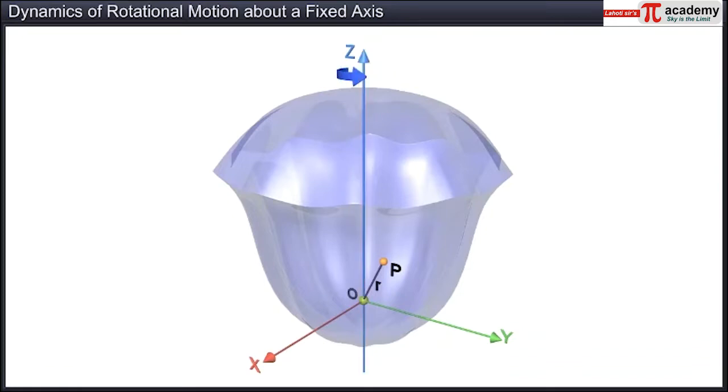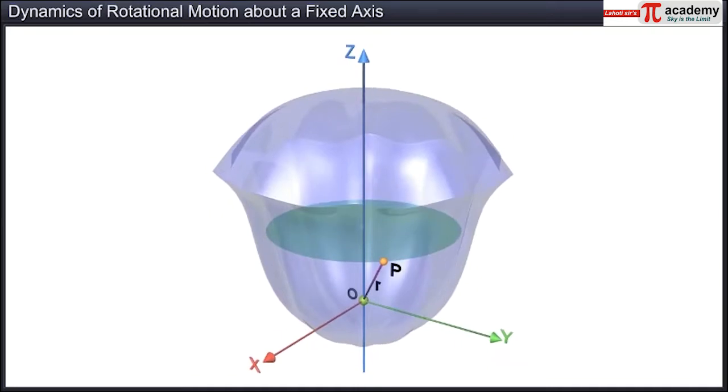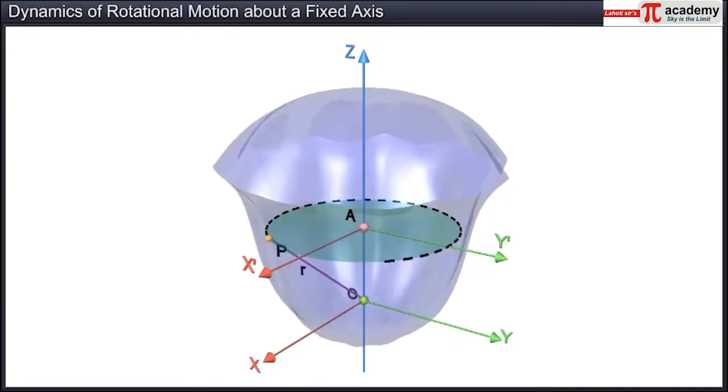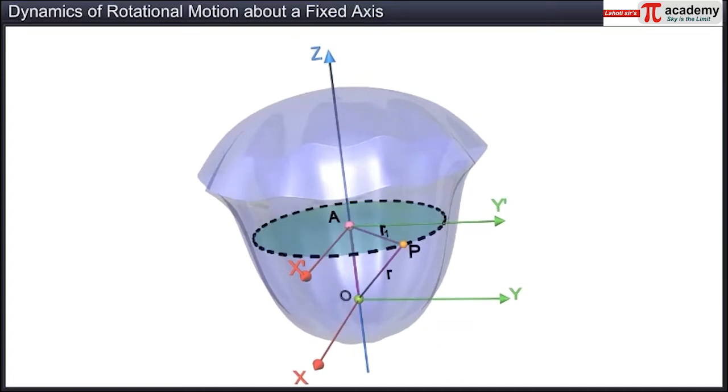Now, construct a plane containing the particle at P and perpendicular to the axis of rotation. Let us call it the x-y' plane. When the rigid body is in rotational motion, the point P moves along a circle with its center at A. Let the radius of the circle be r1.